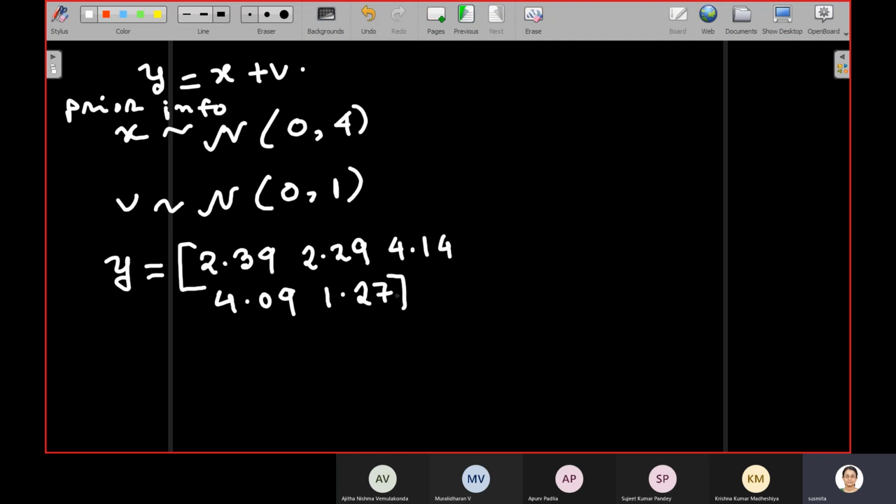So these are the 5 different values of y, and we need to design an MMSE estimate.